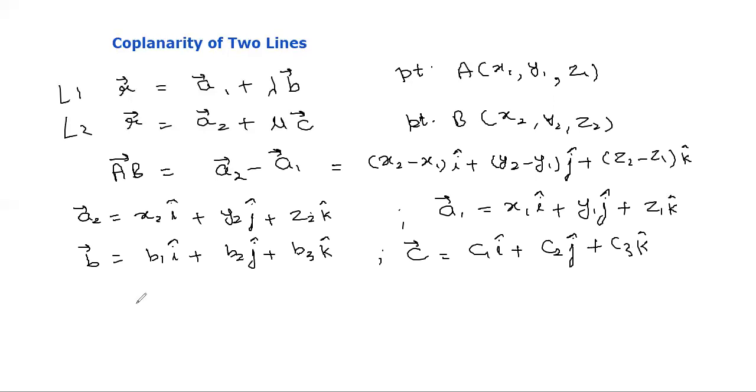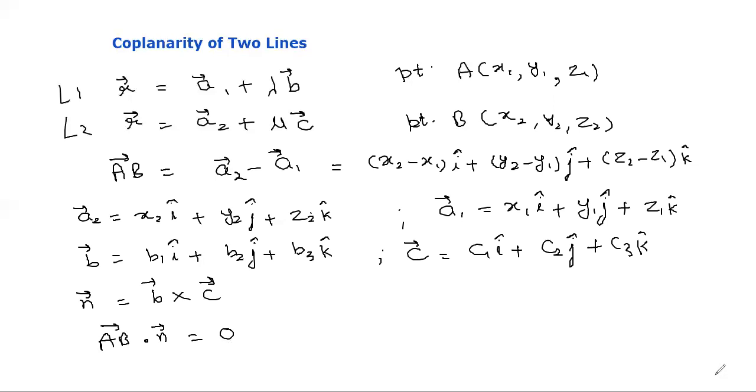A vector which is normal to these two vectors, say vector n, is simply the cross product of vector B and vector C. It is interesting to note that this normal vector is normal to the plane on which these two lines lie. So obviously the dot product between vector AB and vector n must be 0, because these two are at 90 degrees.